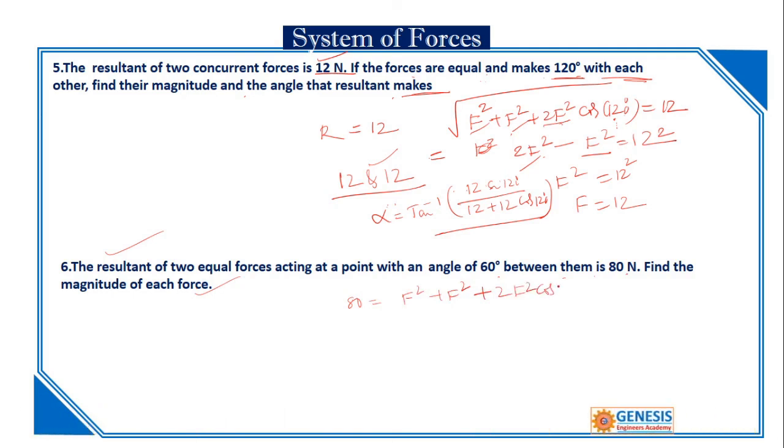This is 3F square. This is 80 square. So you will get F square is 80 square by 3, so F is equal to 80 by root 3. That is the magnitude of each force.